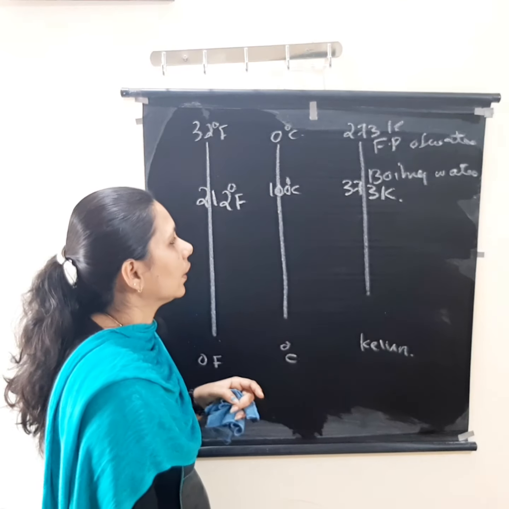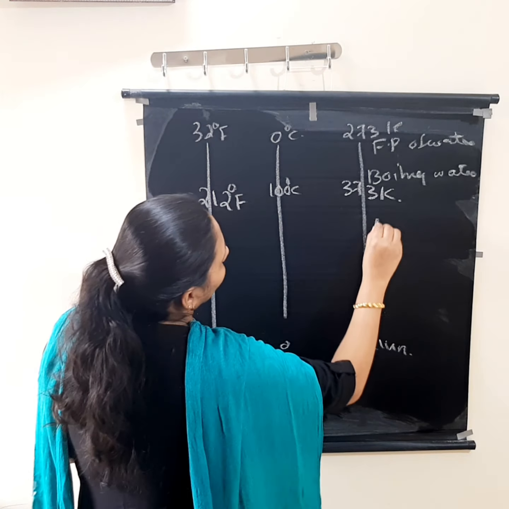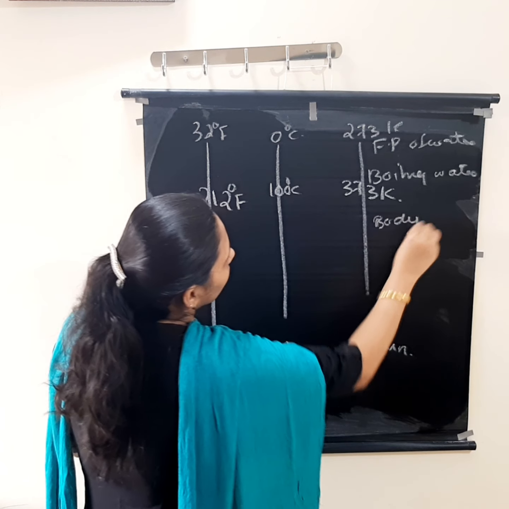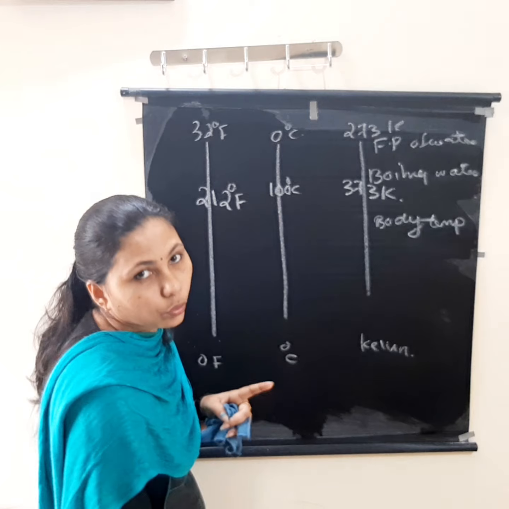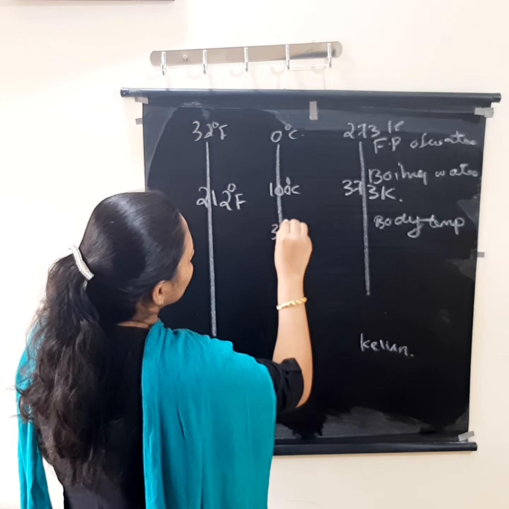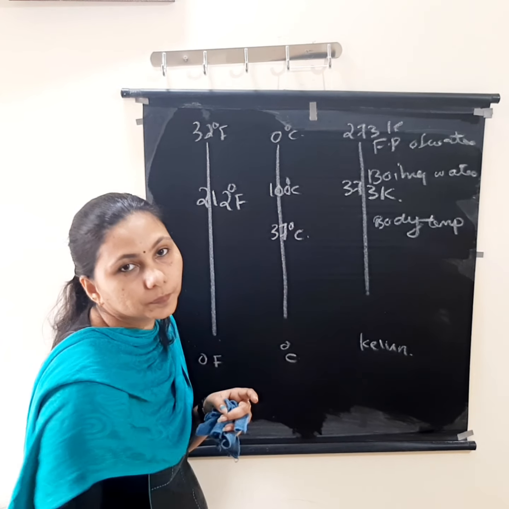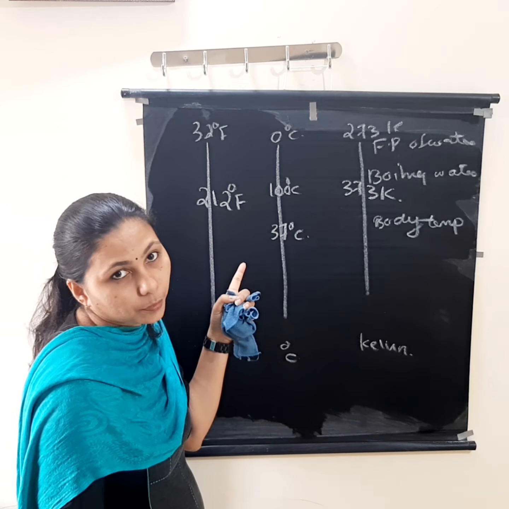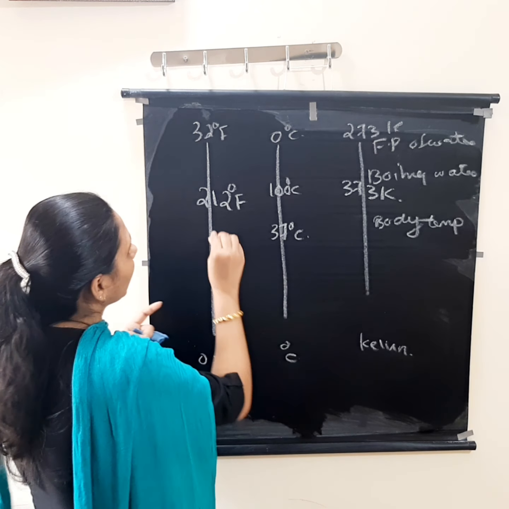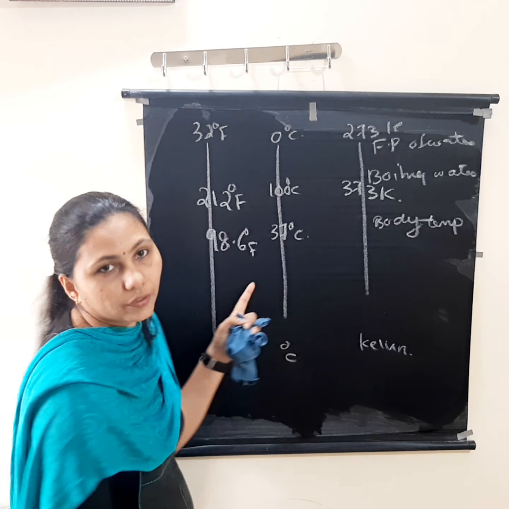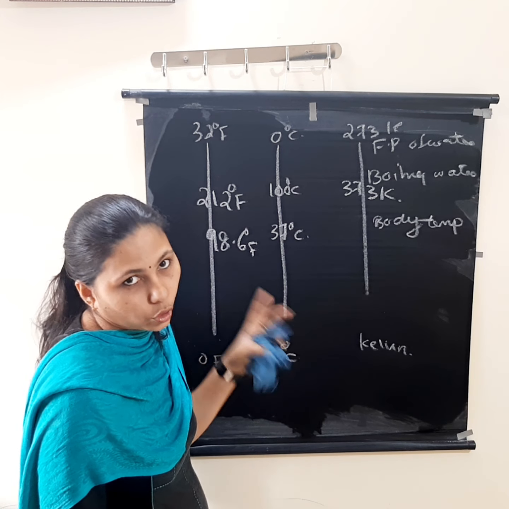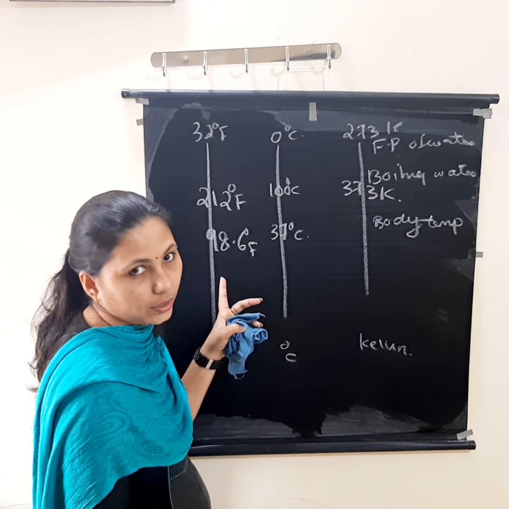Then what is the body temperature? How can we write body temperature in three units? We know our human body temperature is 37 degrees Celsius. I converted it in that problem using that equation and it is found to be 98.6 degrees Fahrenheit, the normal human body temperature in Fahrenheit.